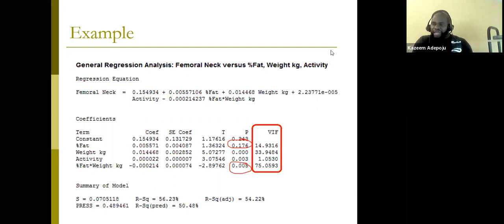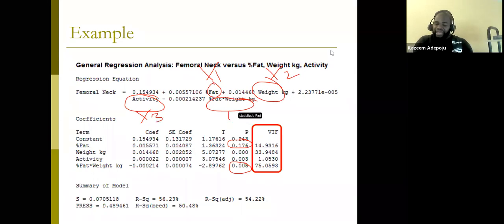How can we standardize predictors? Okay, the predictors here are fat, weight, and activity. Of course, we have the interaction between fat and weight. If I call this X1, this X2, this X3, and this X4, of course, X4 is the product of X1 and X2.